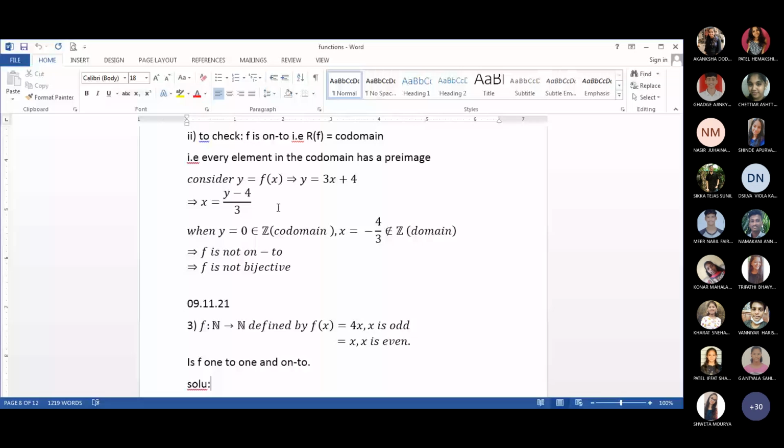Tell me, what can you tell about the function x cube?